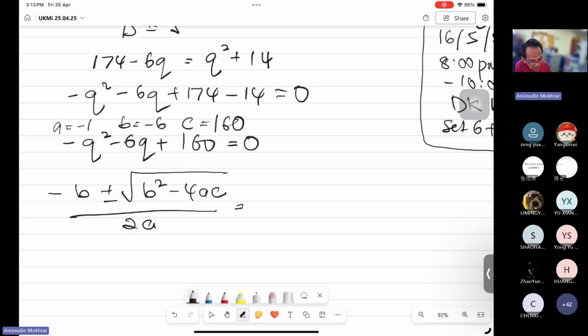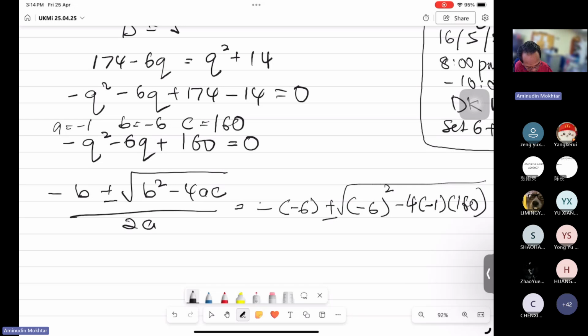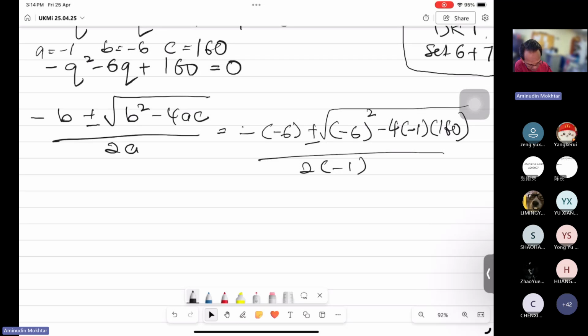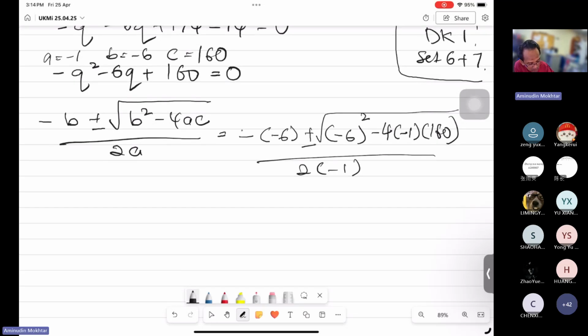Negative b is -(-6), so 6, plus minus the square root of -6 squared minus 4 times a, a equal to -1, c equal to 160, all over 2 times -1. So this is equal to, I hope you can calculate this.